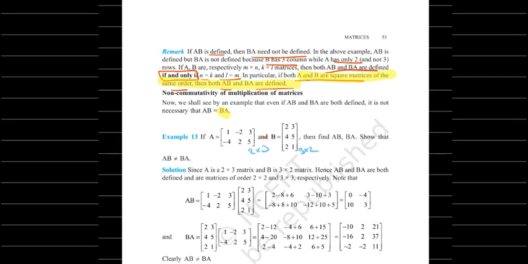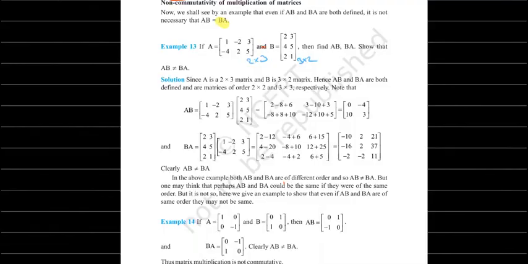First we will try to write this question. A is 1, minus 2, 3, minus 4, 2, 5, and B is 2 4 2 and 3 5 1.